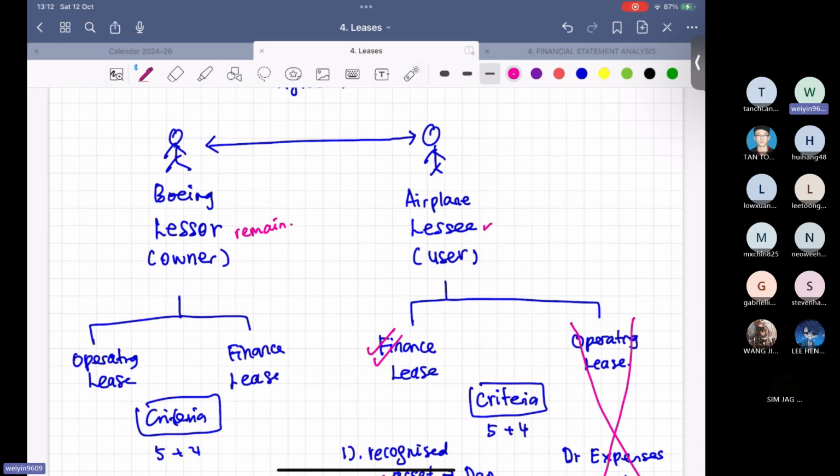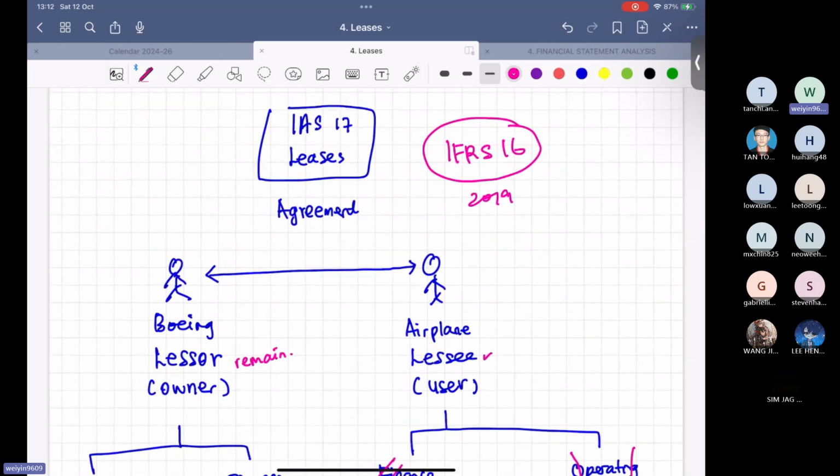Okay. And this is a change in accounting standard. Therefore, at that time, it will apply retrospectively, as a change in accounting policy. So I give you a very good example. Like Speedmart 99, like McDonald's, they rent the shop lot.